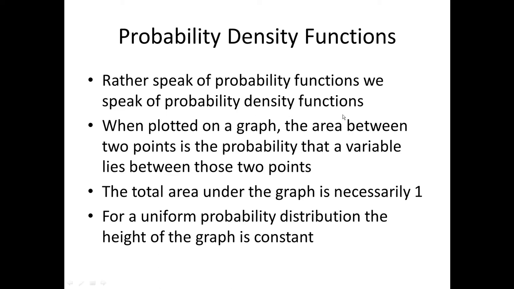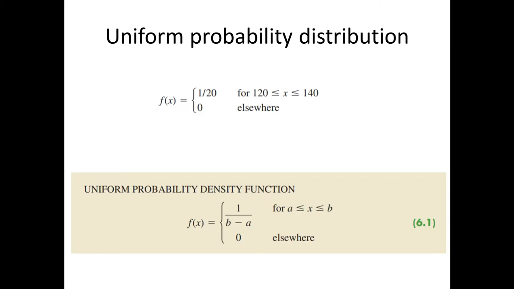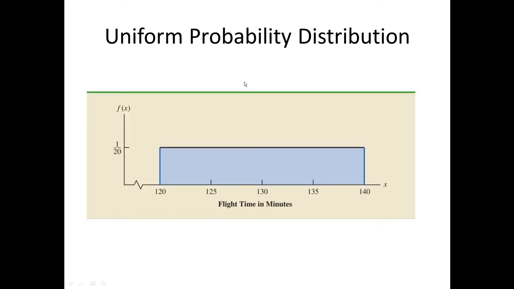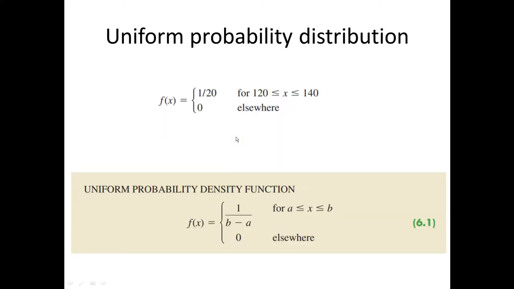When you plot this on a graph, you take the area between two points, between the two limits. For a uniform distribution, this is described by a step function. You have some f of x, and the density is going to be a uniform value, which is 1 over b minus a, where b and a are the limits.